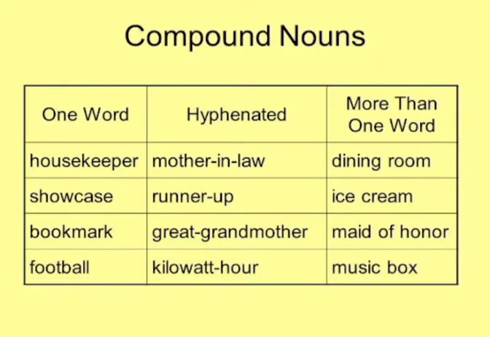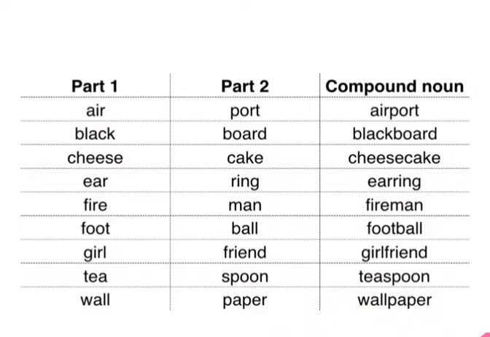Compound nouns are words for people, animals, places, things, or ideas, made up of two or more words. In many compound nouns, the first word describes or modifies the second word, giving us insight into what kind of thing an item is, or providing us with clues about the item's purpose. The second word usually identifies the item.